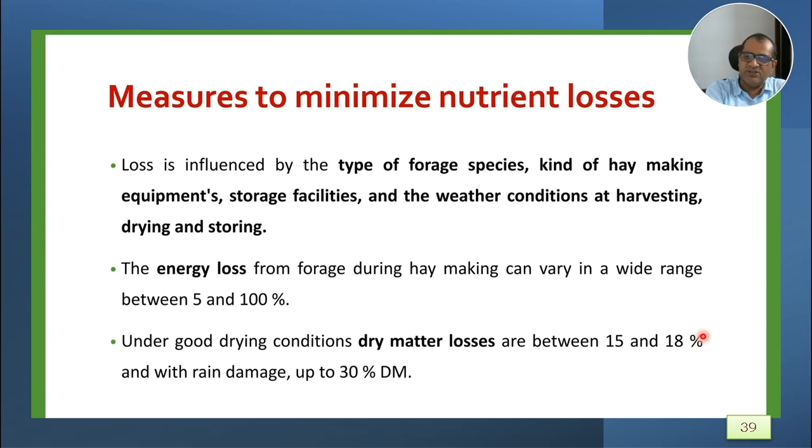The energy loss of the forage during hay making can vary over a wide range. And under good drying, dry matter losses are between 15% and 18%, with rain damage up to 30% of the dry matter.